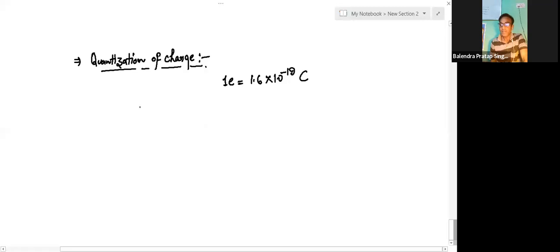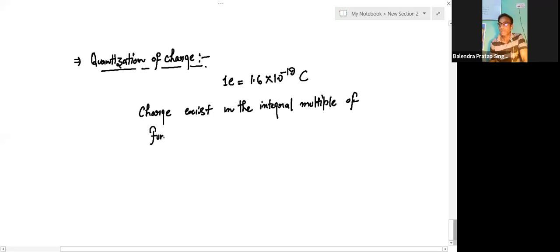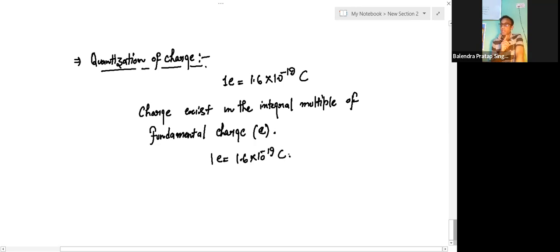So in one line we can write: charge exists in integral multiples of the fundamental charge, which is small e, and as I already told you, e is 1.6 × 10^-19 coulomb.